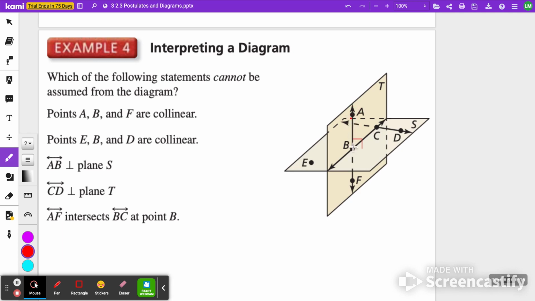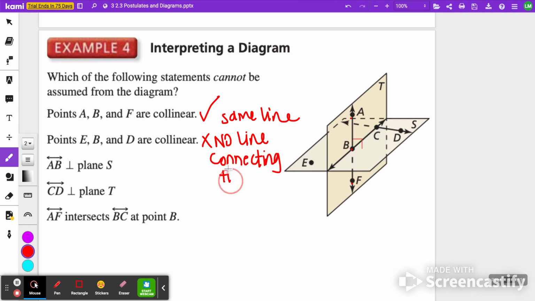Here's A, here's B, and here's F. They are collinear because they're on the same line. Okay, so check mark means it's correct. How about this next one? Points E, B, and D are collinear. This one is no because there's no line connecting them. They could be collinear, but they just have to have a line to connect them.